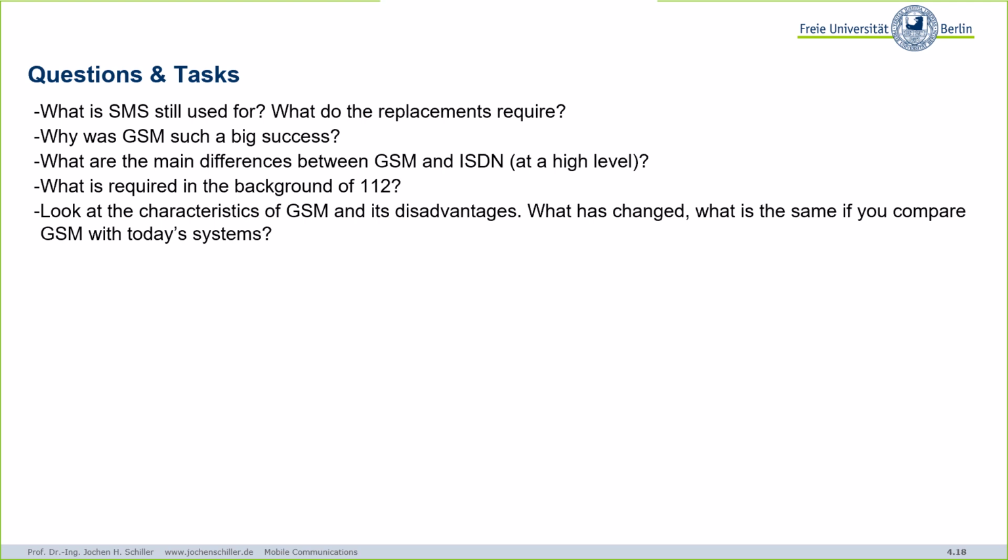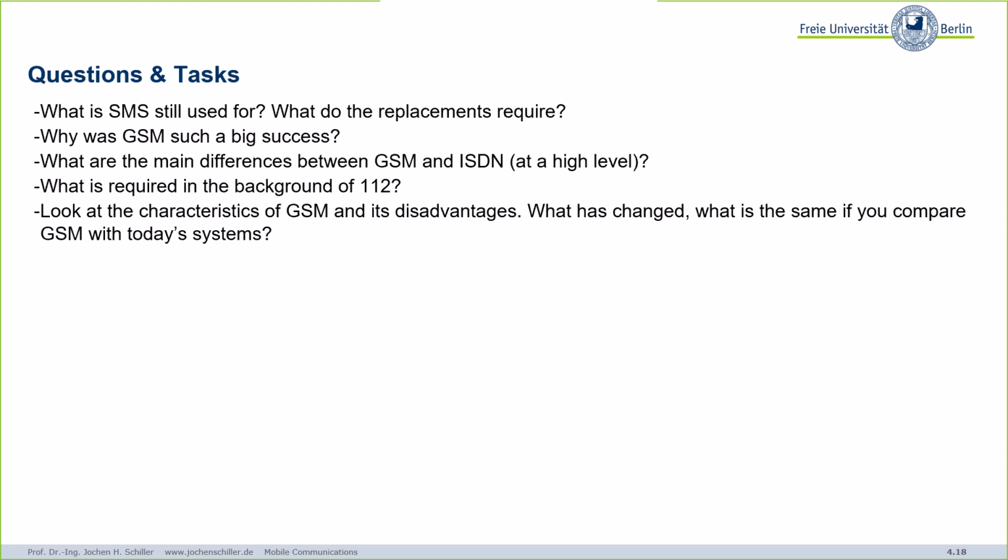But the initial idea was this roaming. That was the idea. Plus, you can set the GSM system on top of ISDN. So all the countries already using fixed ISDN networks for digital telephony could simply, well, less simply, use the GSM system. And that was really part of the big success.